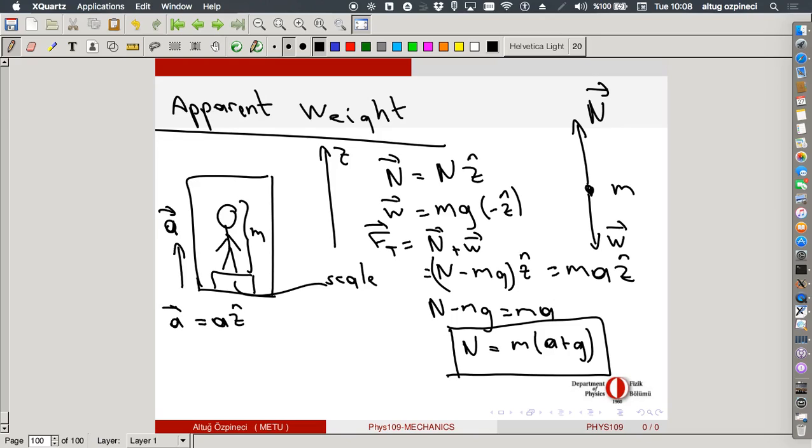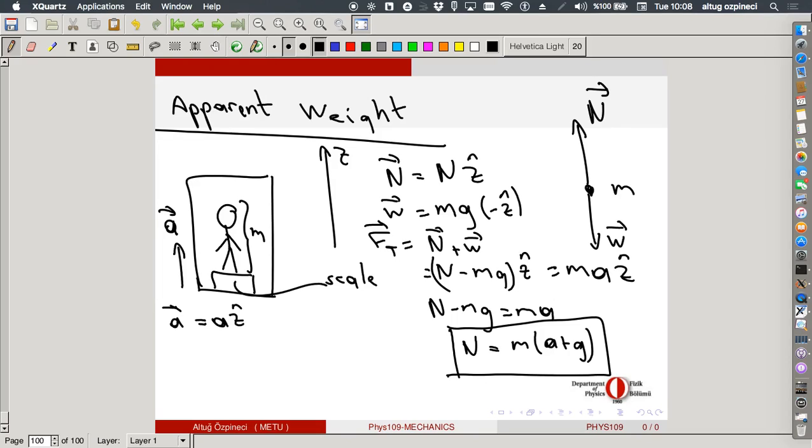Now, another thing that you should pay attention to is this normal force. Quite often the students write the tension is equal to mg or the normal force is equal to mg. Normal force is not equal to mg. Normal force is as big as it should be to prevent you from moving through objects. If you cannot move through objects, that means that object is exerting a force on you, and the magnitude of that force is big enough to prevent you from going through.